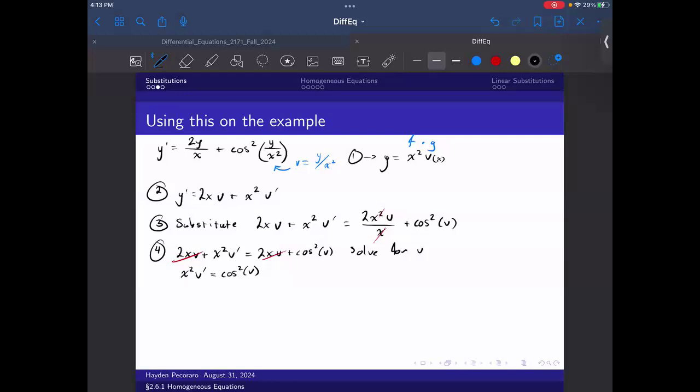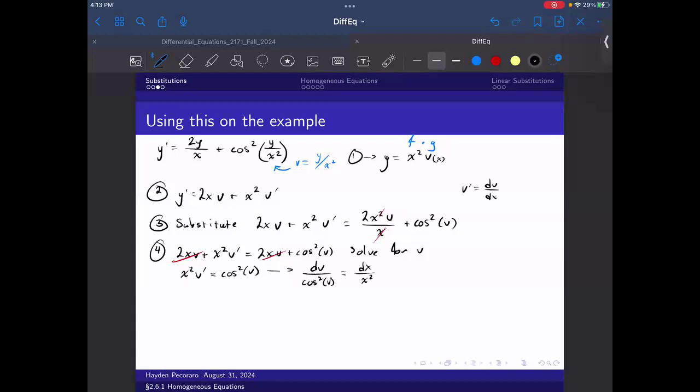It is first order because we only have the first derivative, no second derivatives. And it is separable because I can do this. So write v prime as dv dx, and then we get dv over cosine squared equals dx over x squared.